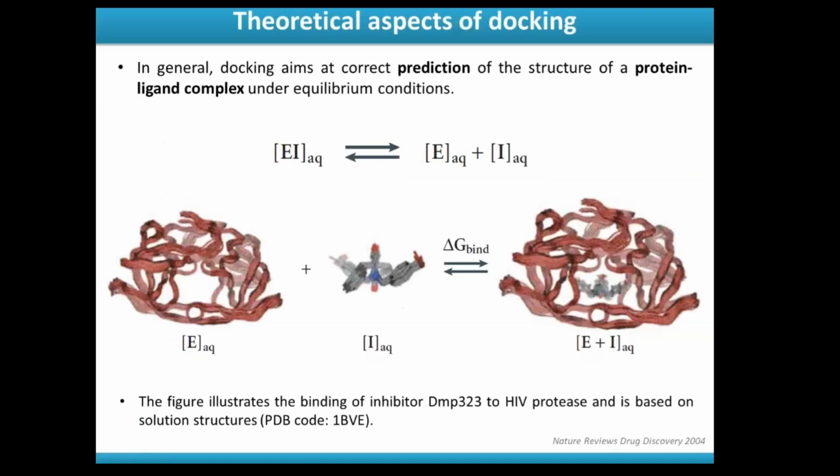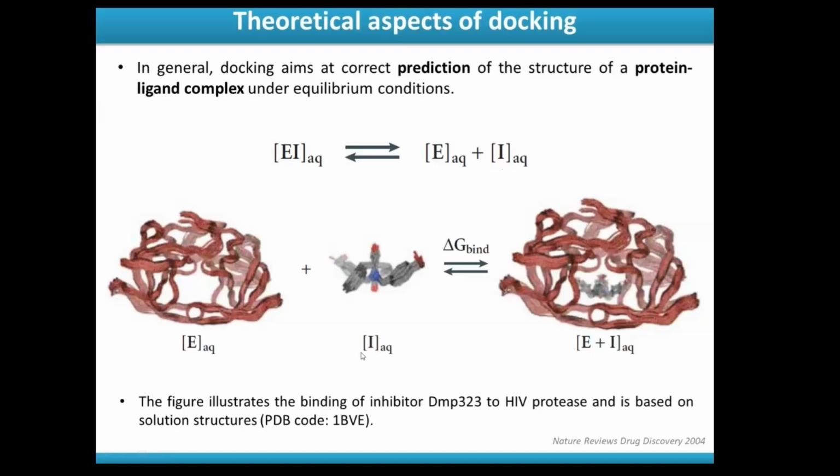So what inspires the molecular docking process, right? Computationally, we are trying to mimic the binding of the ligands to its protein, right? So as you know, an enzyme binding to the protein has an equation which is at equilibrium. That is, enzyme once bound to its substrate or inhibitor, forms an enzyme-inhibitor complex, right?